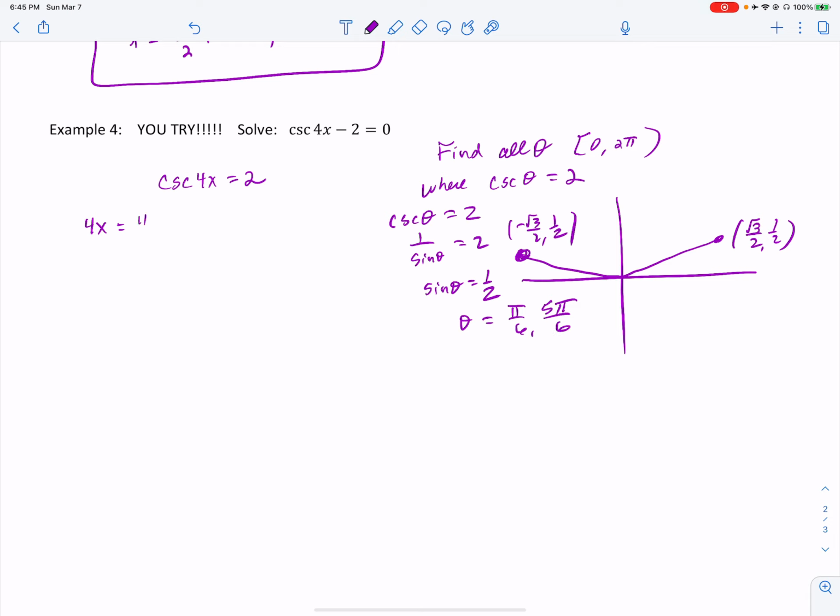So 4x has to be pi sixths, but it needs to be plus 2n pi because it's multiples of the period of cosecant, and the period of cosecant is 2 pi. Or 4x is 5 pi sixths plus 2n pi. And then multiply by 1/4 to solve for x. Make sure you distribute that 1/4.